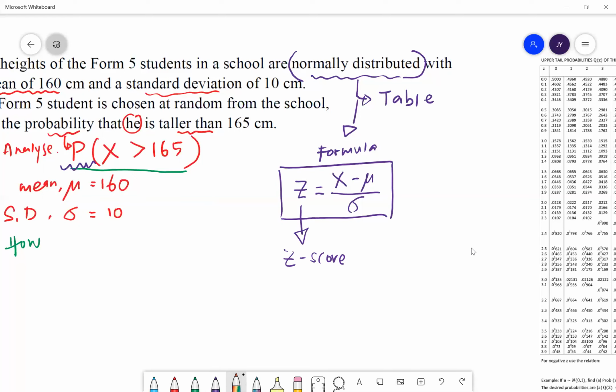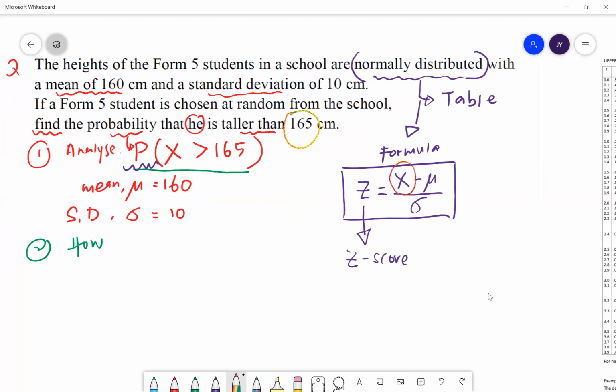Let us see. First one is X. What is X? X is from the question. To find the probability that a person is taller than 165, so the value I want to find, I will insert in. The second is the mean. I already found the mean, 160, so I will put 160 here. And the third is the standard deviation, 10. Okay, so I will insert everything in.